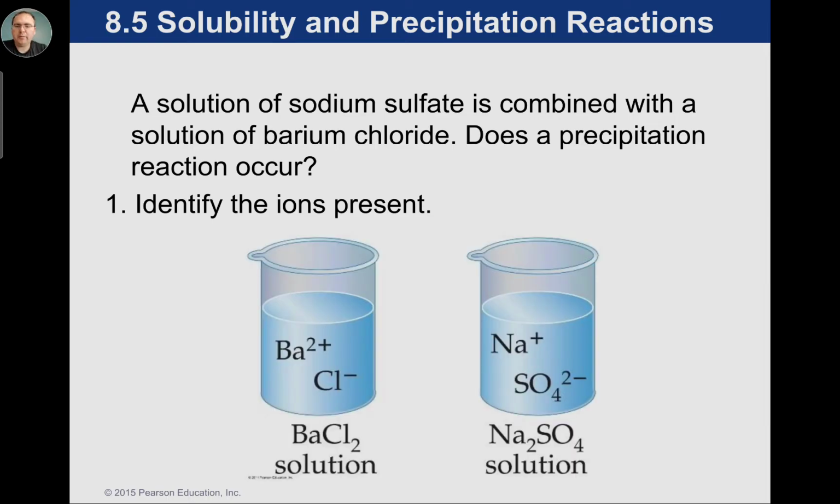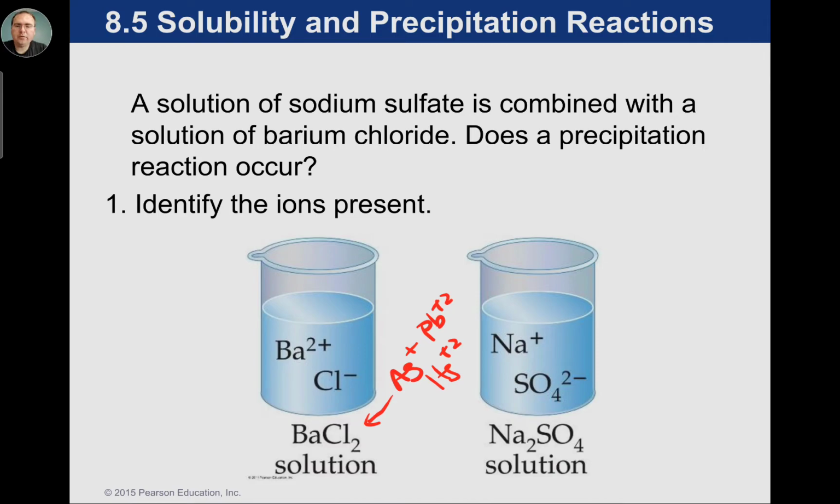When we put barium chloride into solution, we know chloride, if you look at your solubility table, does have exceptions. So if we were to look at the solubility table, we'd know to watch out for silver, lead, and mercury.